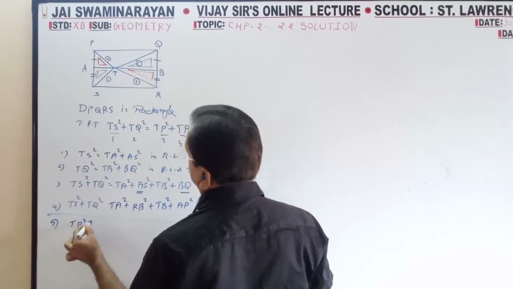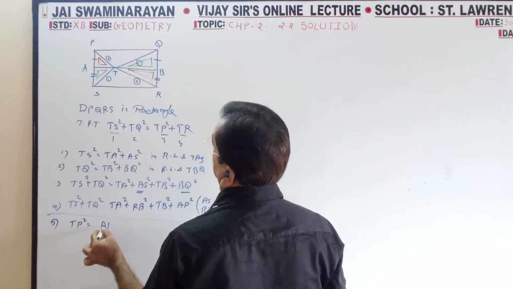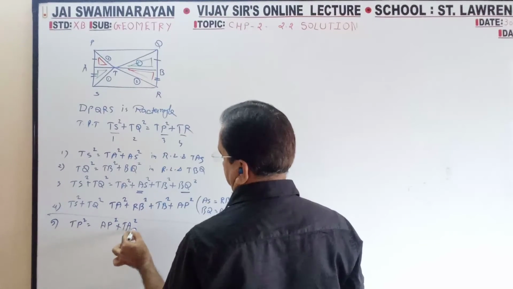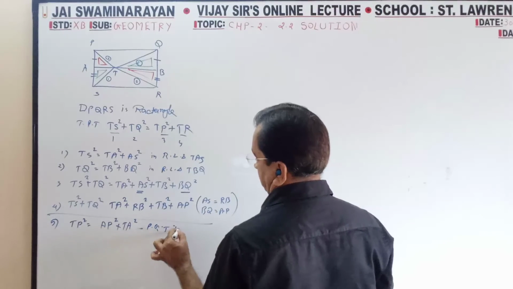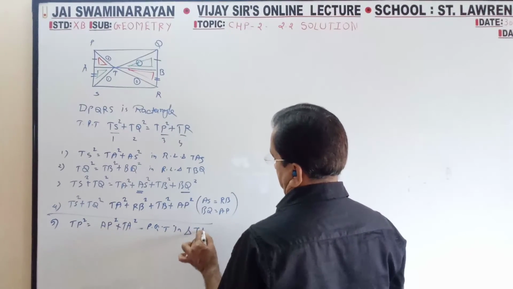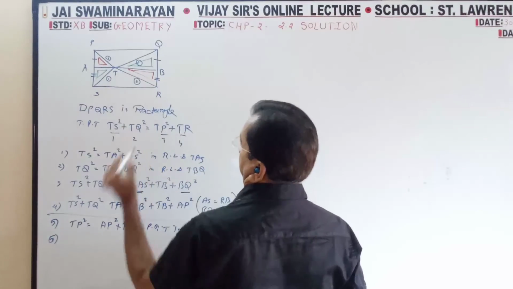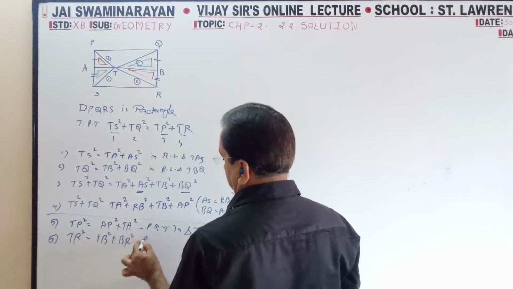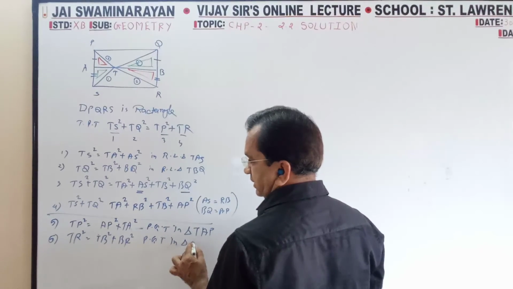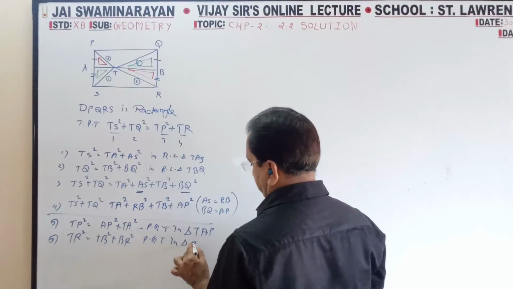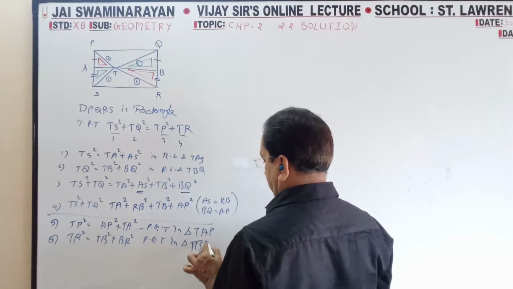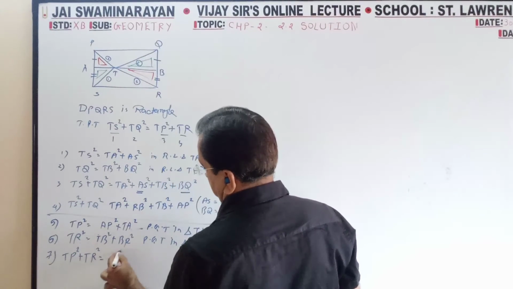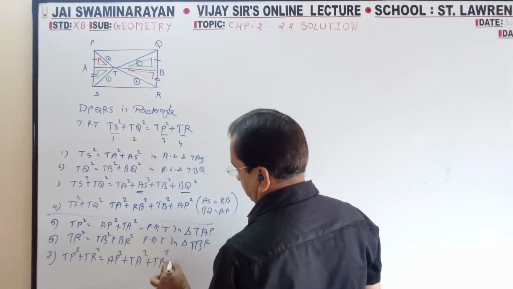TP square is equal to AP square plus AT square, Pythagoras theorem in right angle triangle TAP. Now this triangle, TR square is TB square plus BR square, Pythagoras in the triangle. Now left side total: TP square plus TR square is equal to AP square plus TA square plus TB square plus BR square.